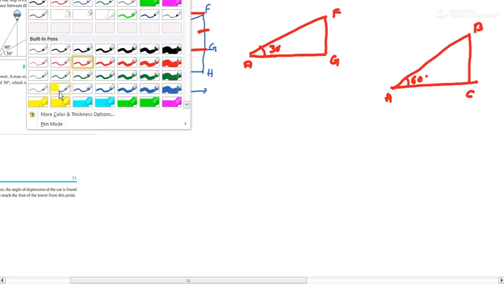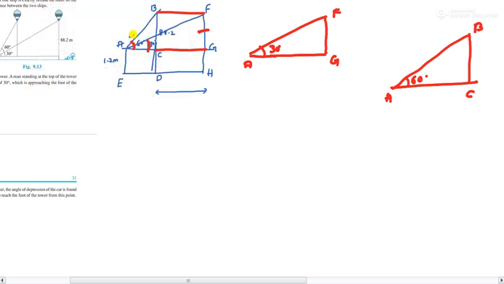Now one more interesting thing over here is, see, this height is 1.2 and this total height they have given as 88.2, but we need only FG. So how much is FG? It is 88.2 minus the height of the girl, which is this one, 1.2.